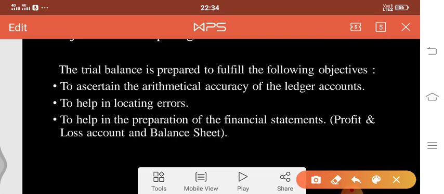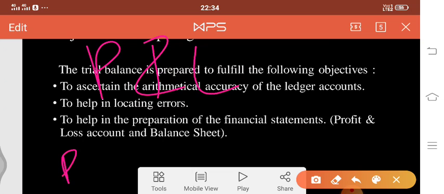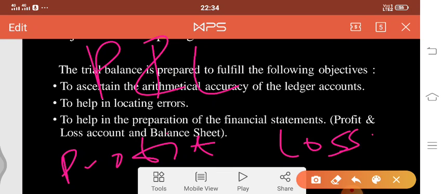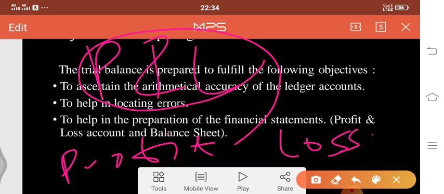This profit brings us stability, and that is why at the end of the year we prepare an account called profit and loss account, to ascertain the amount of profit or loss that an organization is having. So to check that profit and loss, we'll have to prepare this profit and loss account.